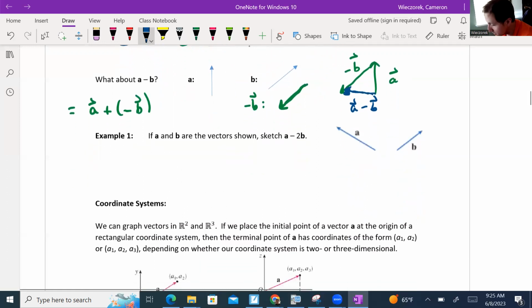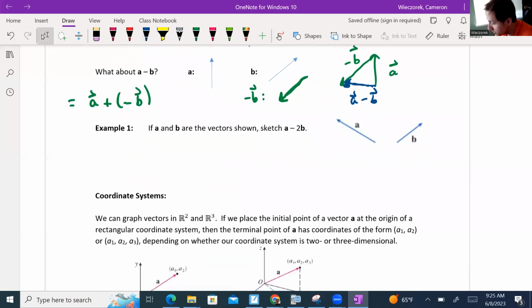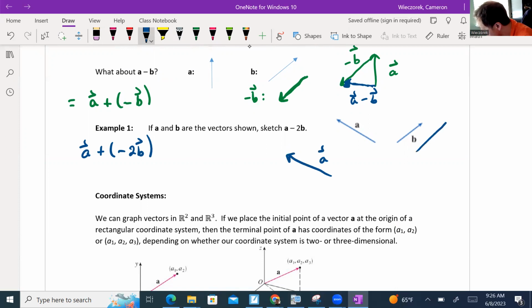And we can combine all this together. What if I wanted to do A minus 2B? Well, I'm going to think of that as A plus negative 2B. So I'm going to start with A. There's A. Maybe a little bit too long. Let's shorten that a little bit. There's A. All right, well, here's B. So let me think. Here would be roughly 2B, but I want negative 2B, so I'm going to want it to go this way. I'm going to do that in red.